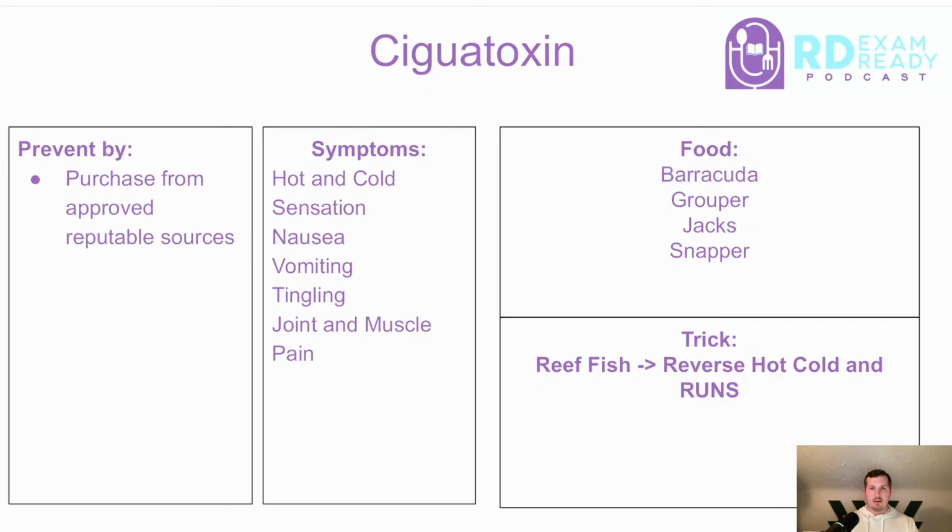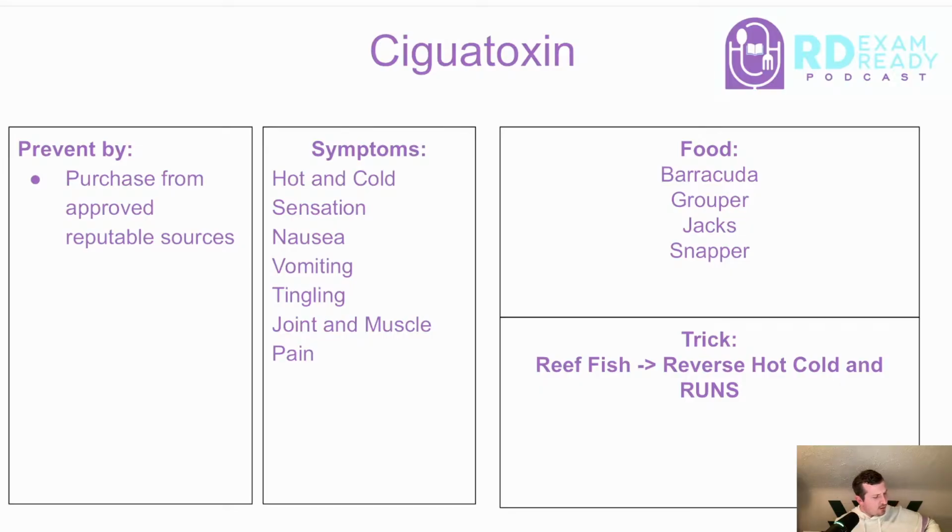So, my trick here, think of reef fish, okay? Like Finding Nemo, like the barracuda that's in the reef. What it leads to is reverse hot and cold. And then another note that someone made was the runs, okay? So you can end up with, well, I guess we don't really have diarrhea in there. Let me double check here.